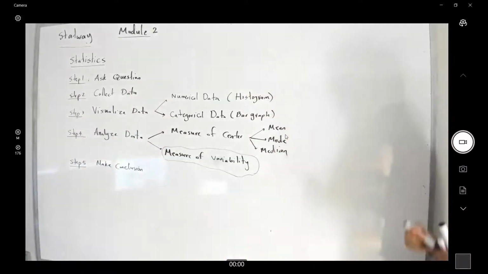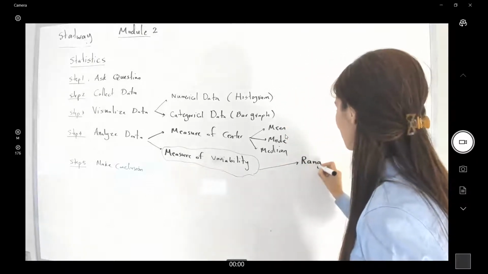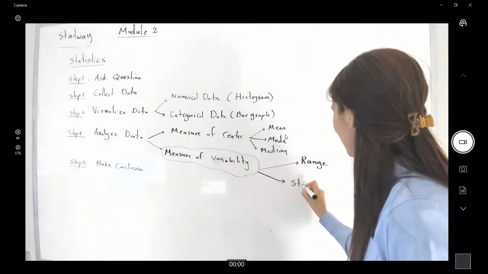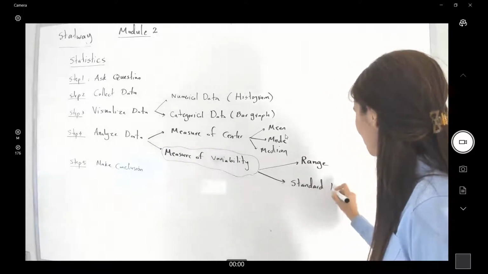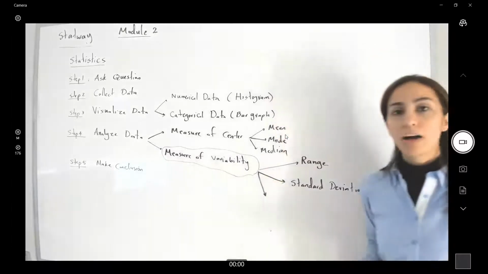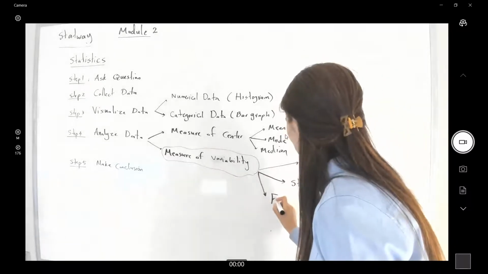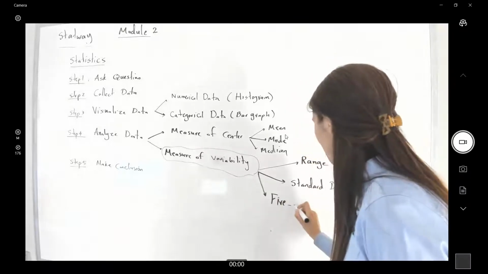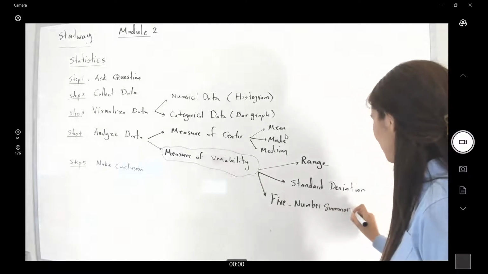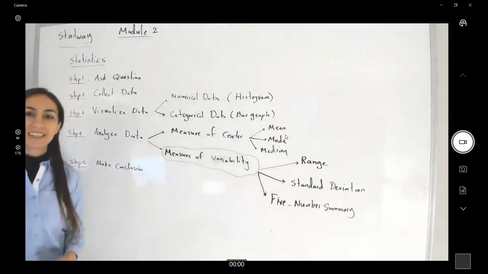So when it comes to measure of variability, you're dealing with range, standard deviation, and also we can talk about the 5-number summary and interquartile range. So these are the focus of today's topic.